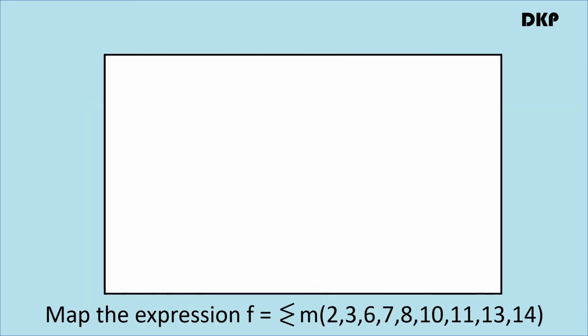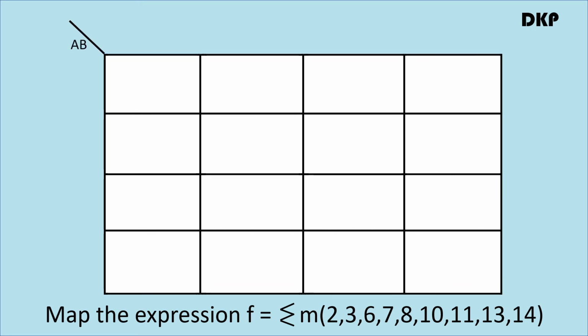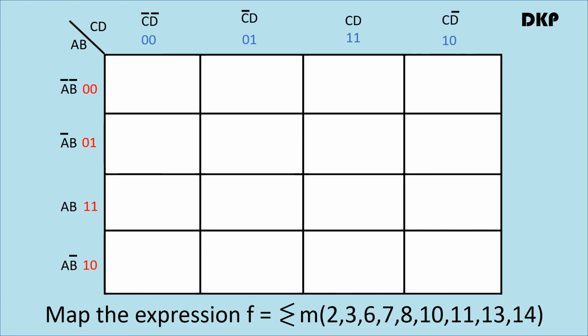So the first step is to draw the K-map, which consists of 16 cells. A, B, C, D are the variables here. And you have to mark the given expression: 2, 3, 6, 7, 8, 10, 11, 13, 14.